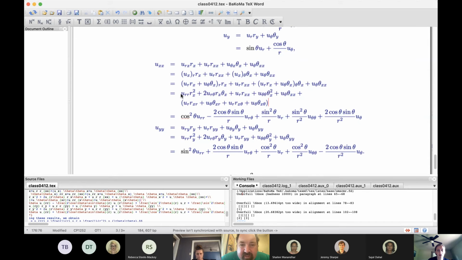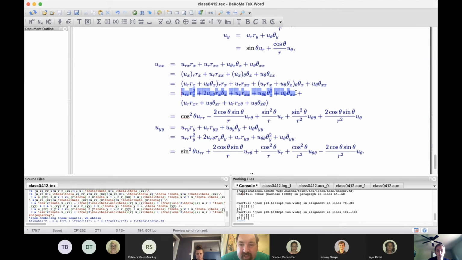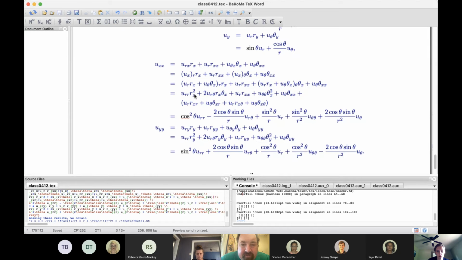All right. Now, if I take everything that I got here and I fill in what r_x is, so r_x squared, I get cosine squared. I fill in all my partial derivatives of r and theta with respect to x, and also r_xx and theta_xx.